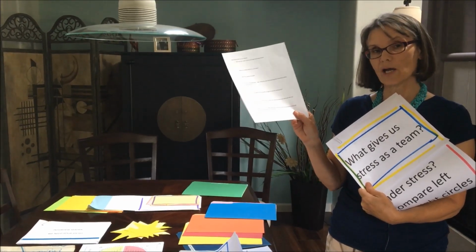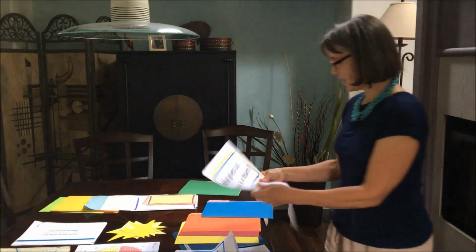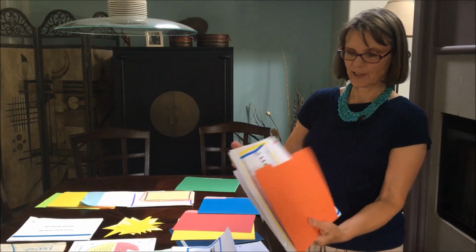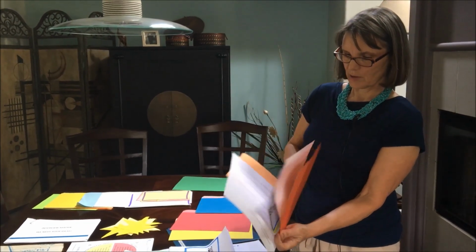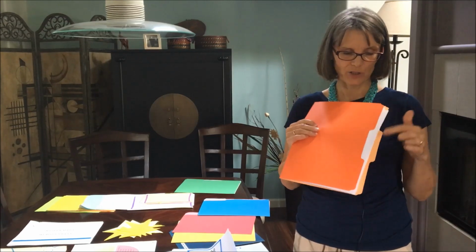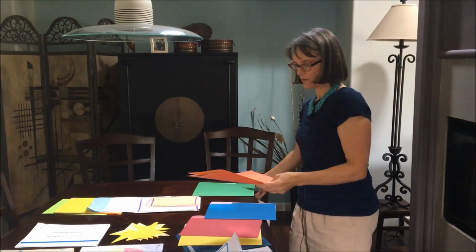One person will be a scribe and take notes as the team is discussing this question. And again, I will put that in, so that's just, I'm still warming the team up, and I'm thinking orange, and I can even fold this so that it's not so difficult. But I've got all my handouts for the team, small group instructions, and I've got the visual to go with that. And I'll just put this as team stressor activity, and I'll put that as my second file.